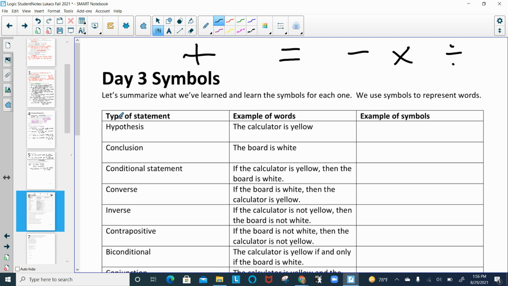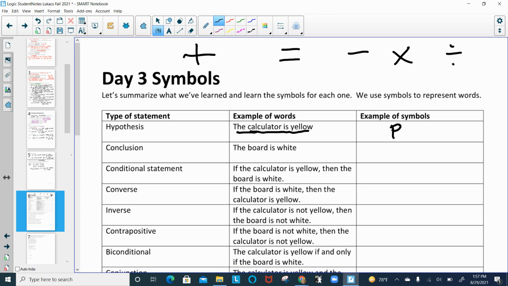Okay, so when we refer to a hypothesis, we usually refer to it as a letter. Now, there's no rules about what letter you can use. And I'll show you some examples of how other problems use R and S and T. One of the ones that gets used a lot is P. So we would say that this particular letter, P, represents the calculator is yellow.